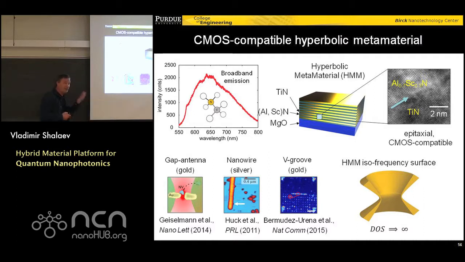So it's really a different approach to increase photonic density of states, which in principle makes possible efficient generation of single photons. That's the idea, formulated first by Evgeny Narimanov and Zubin Jacob, and that's what we used when we made this hyperbolic metamaterial.